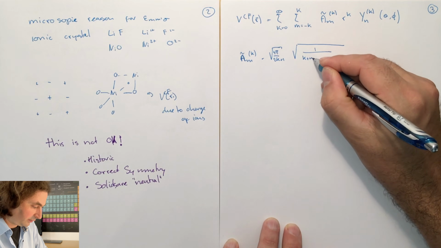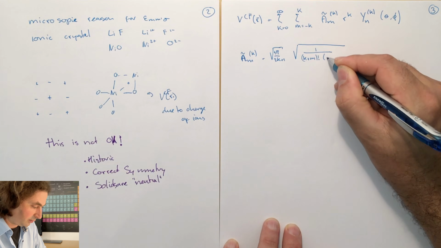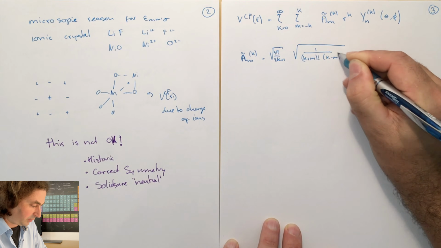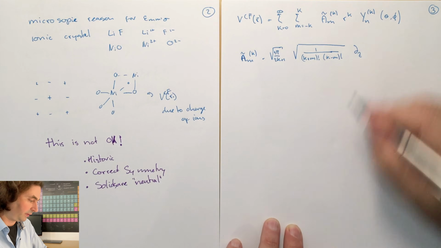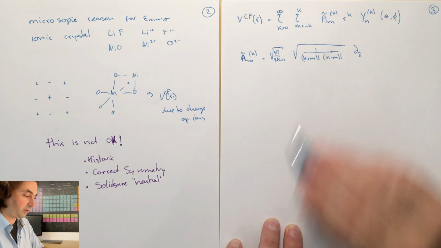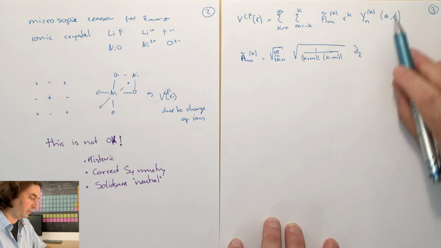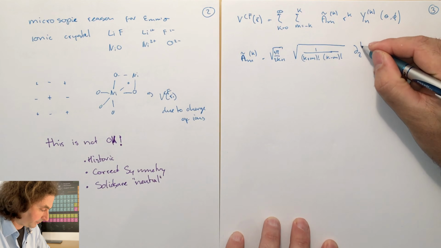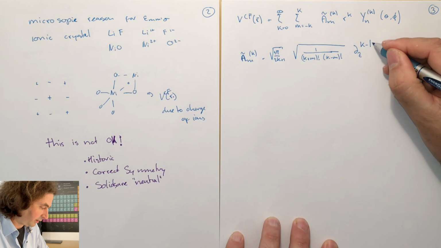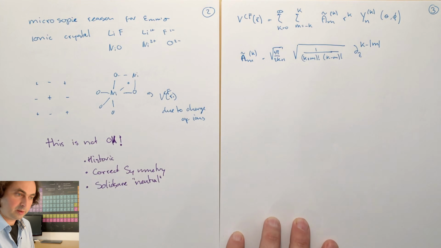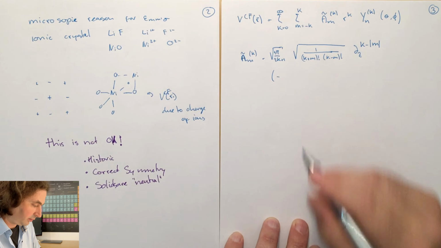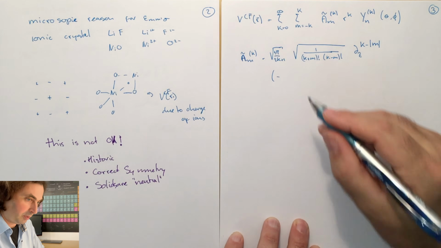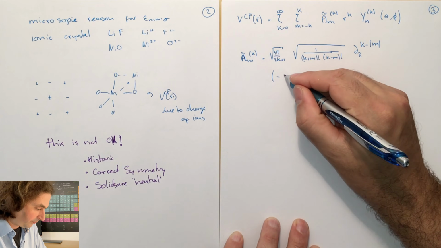prefactors of our Taylor series expansion, k plus m and k minus m factorial, and then a derivative where we have to realize that it's not just a derivative with respect to r, but we also have the spherical harmonics in there. So we have a k minus m derivative in the z direction, and then a derivative to the power m in the x plus i y direction.